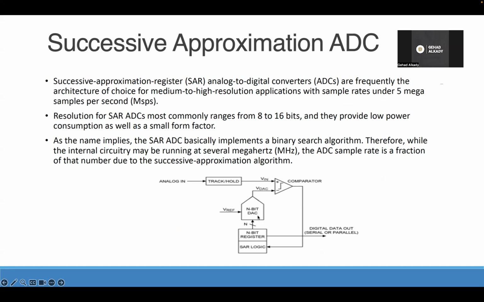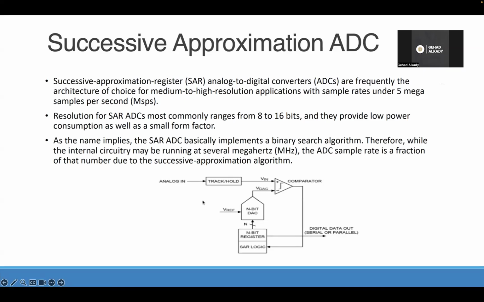This DAC is responsible for determining the value of the reference that we are comparing our input voltage to, for the bit that we are working on now, at the comparator.